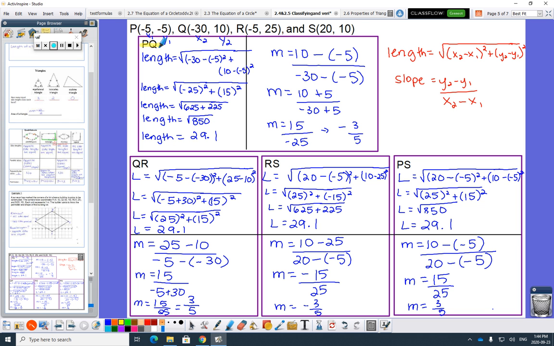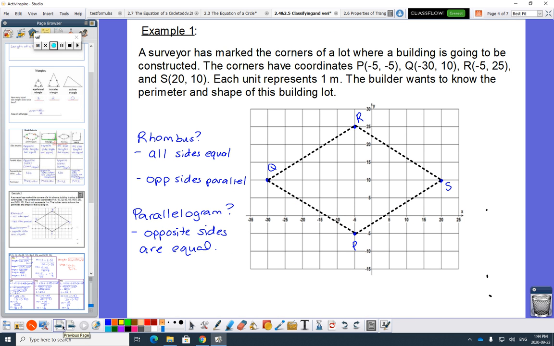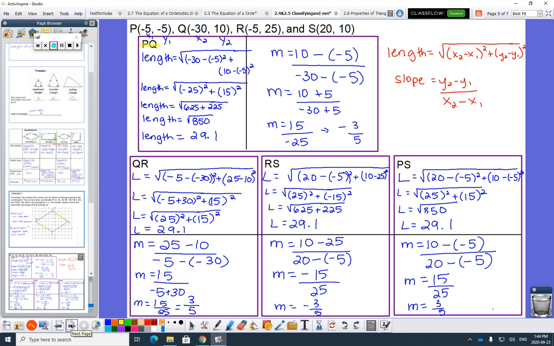PQ and RS are opposite sides. PQ, RS. So that's what you're comparing. But you still want to make sure that you answer the question.